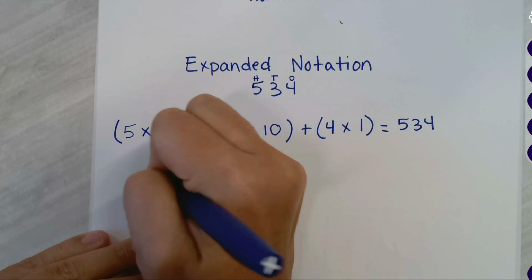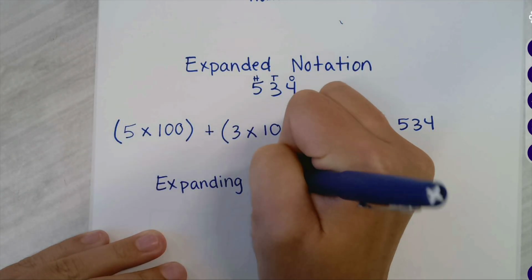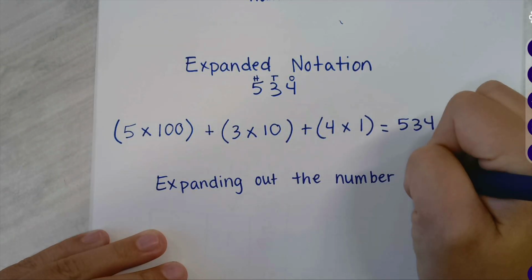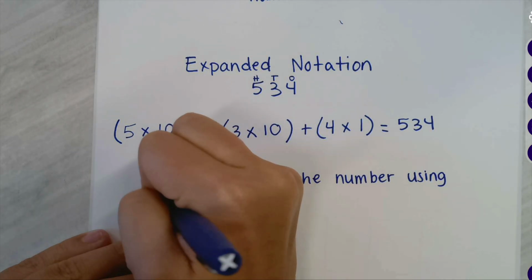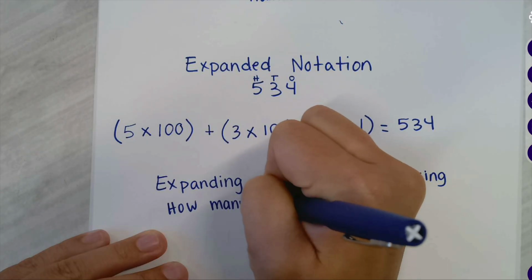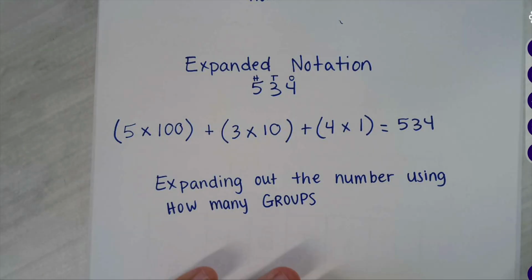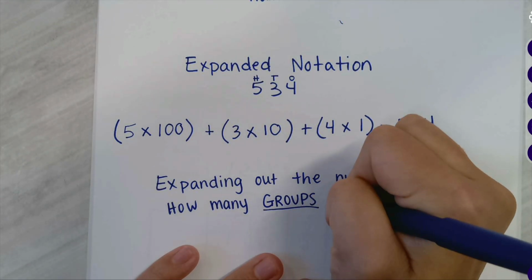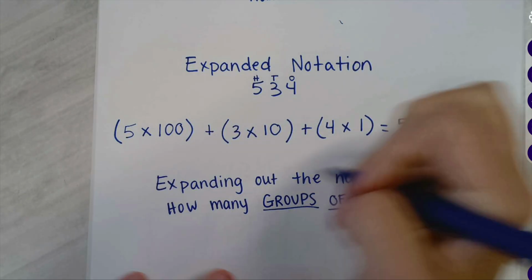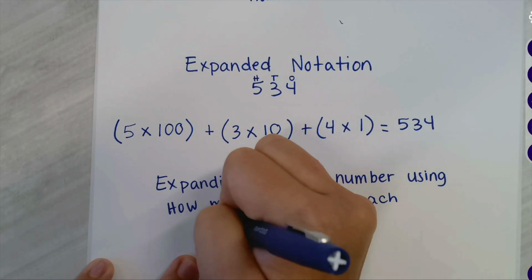It is expanding out the number using how many groups, I'm doing it in caps so that you remember, groups of each place value.